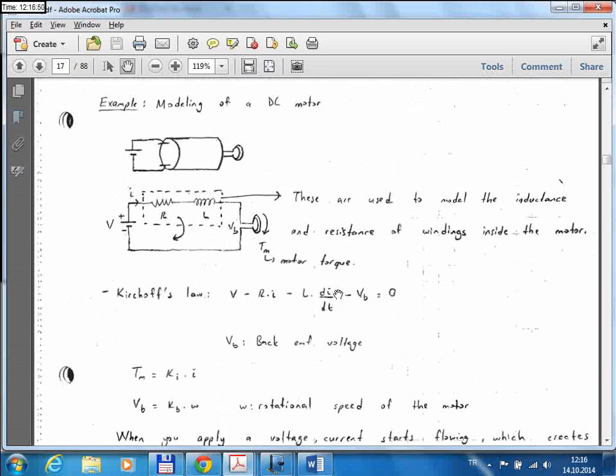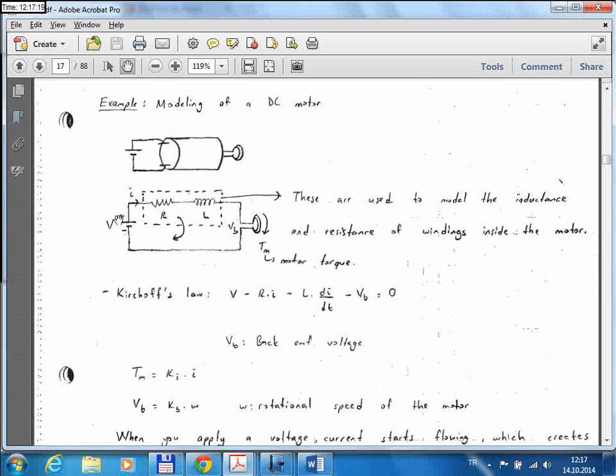Okay, so if you think about this back EMF voltage, it depends on the rotational speed, right? If the motor is turning fast, then you get this VB a large term since it is proportional with the rotational speed. So this property allows a motor to be used as an electrical generator. So suppose that there's no voltage source.